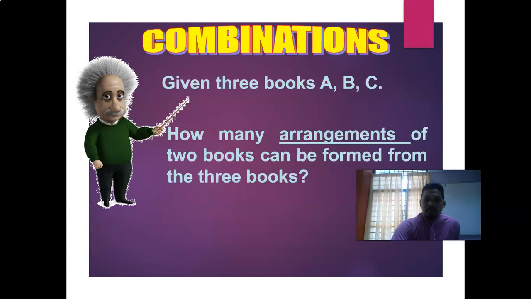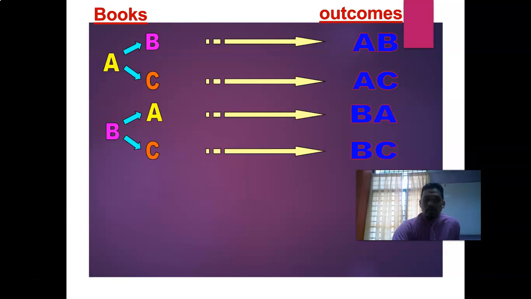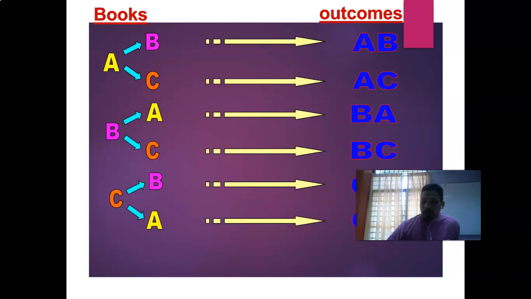Given 3 books A, B, and C, how many arrangements of 2 books can be formed from the 3 books? With A, B, and C, you come up with AB, BA, AC, CA, BC, and CB.